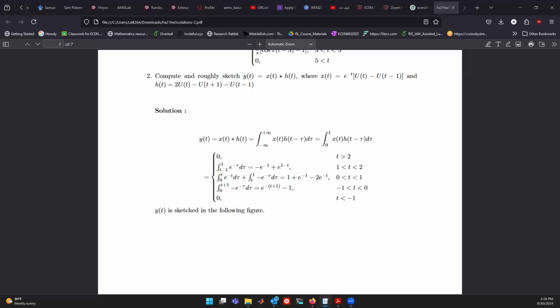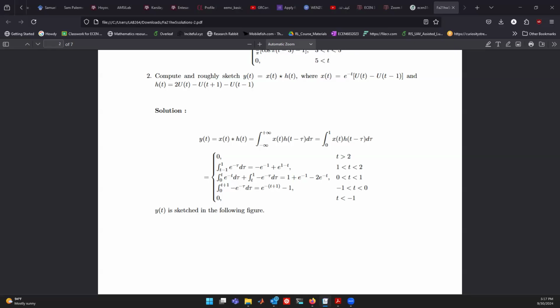And if we calculate those integrals, we'll have 0 over the first interval, t larger than 2, and then the integral of exponential minus tau from t minus 1 to 1 is minus exponential minus tau. Let me write it in a better way.